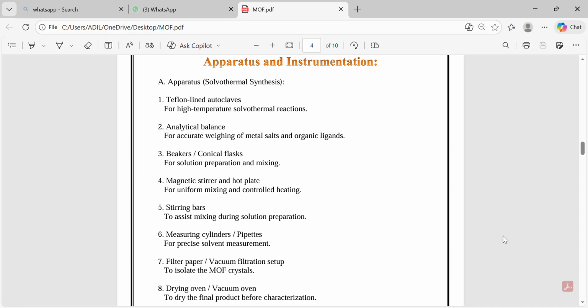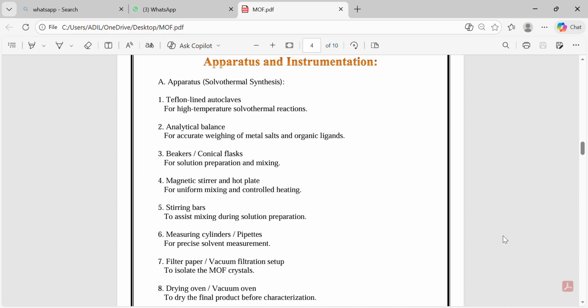Analytical balance, which gives precise scales for weighing chemicals. Beakers or flasks are the containers for mixing solutions. Stirrer and hot plates are the devices that mix and heat solutions evenly. Stirring bars are the small magnets that spin inside the flask to mix liquids.